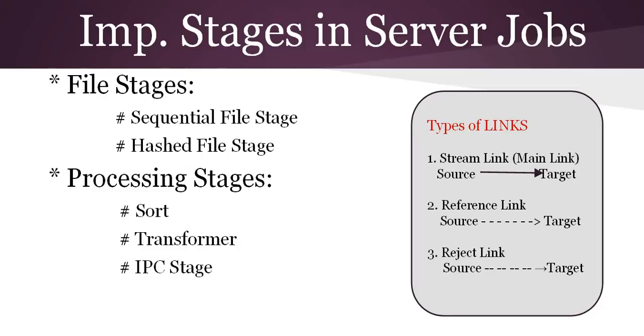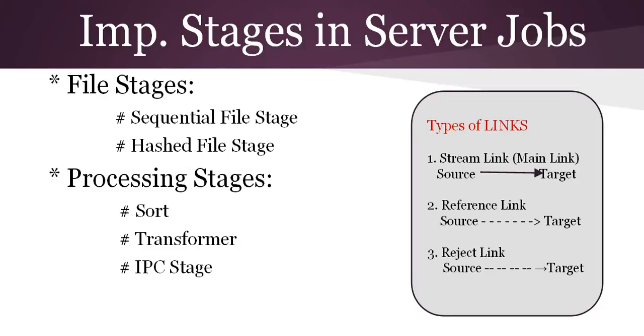The database stages, as I said, are pretty much the same in server and parallel, so I'll be dealing with them in the parallel job. Coming to the file stages, there is a folder stage and the sequential file stage. I'll show them in the DataStage designer client. I chose the sequential file stage because the sequential file stage in server jobs is different from the one in parallel jobs.